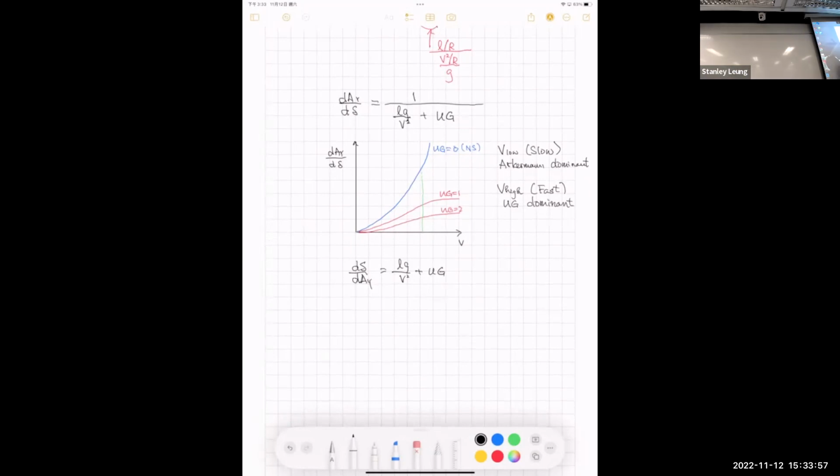Here, this one is just reversing these terms. You will see A1, this is the understeer gradient. So it will be stable at the beginning.